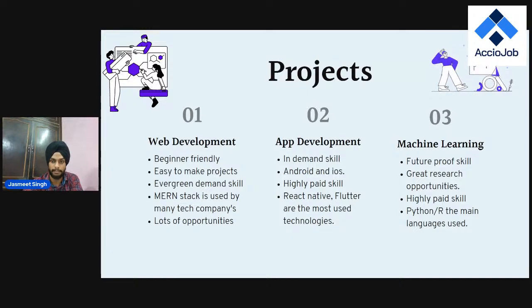Okay, it's a highly paid skill as it is quite new, and we don't have such great analysts or machine learning scientists in the industry at the beginner level as of now. So yeah, that's a great opportunity for you. You will be using Python or R as your main language in it. Okay, so that was all about these three.